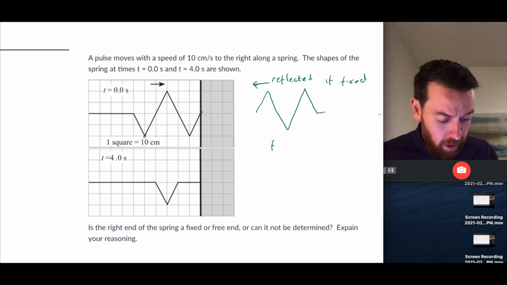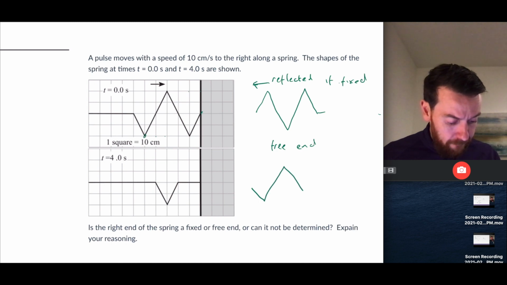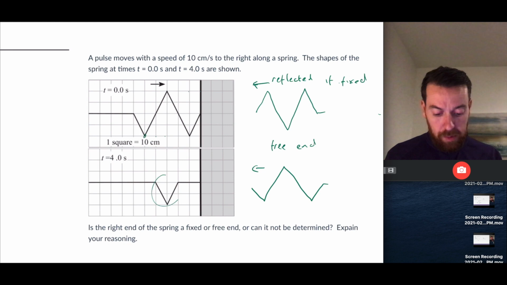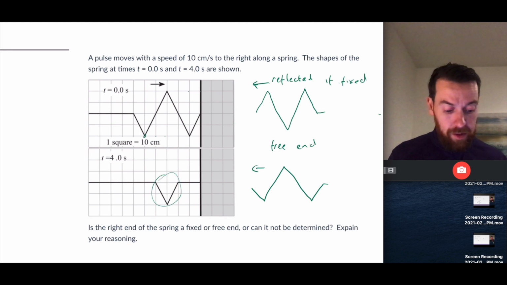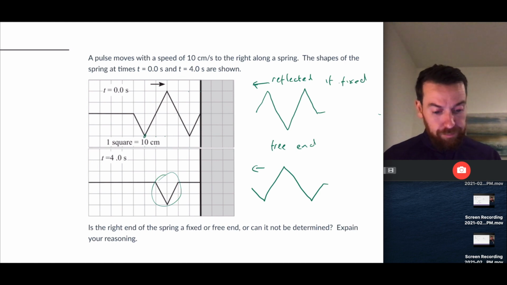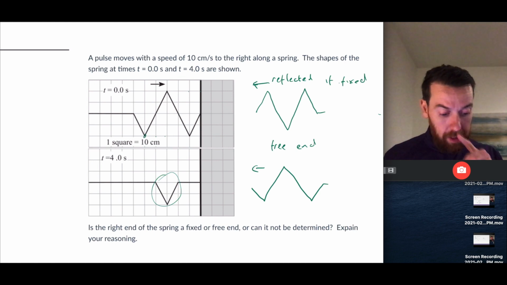But if it was a free end, which it is, then the reflection will be the same. And that's what this part is indicative of: this is part of the reflection for the free end. That would be enough to recognize what type of end this is.